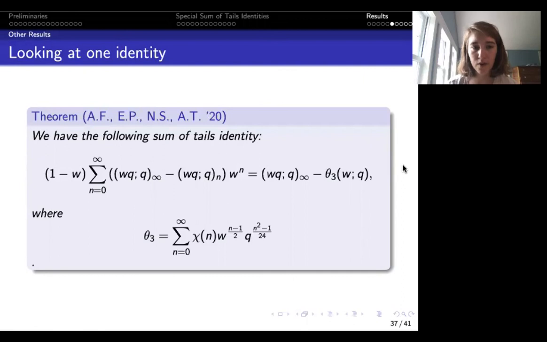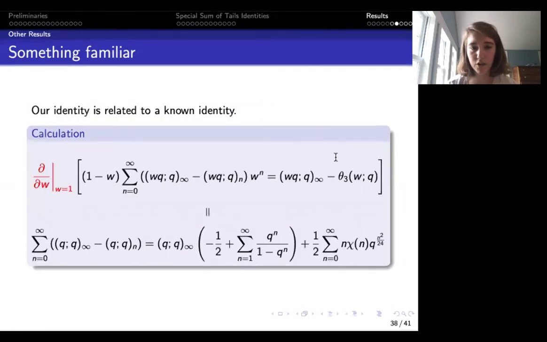It turns out that if we differentiate the two variable sums of tails in W and plug in W equals 1, we get exactly the one variable sum of tails that we had, multiplied by a factor of q to the negative 1/24. But it's essentially the same, and that's really interesting by itself.